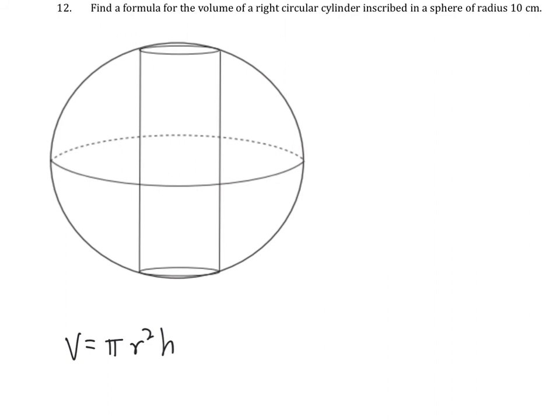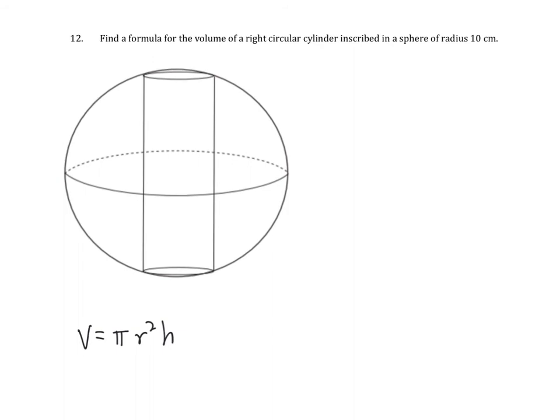But then now we need to get it in terms of one variable, and keep in mind this r is different than the radius of the sphere, right? This little r is the radius of the base, one of the bases of the cylinder, but the radius of the whole sphere is 10.